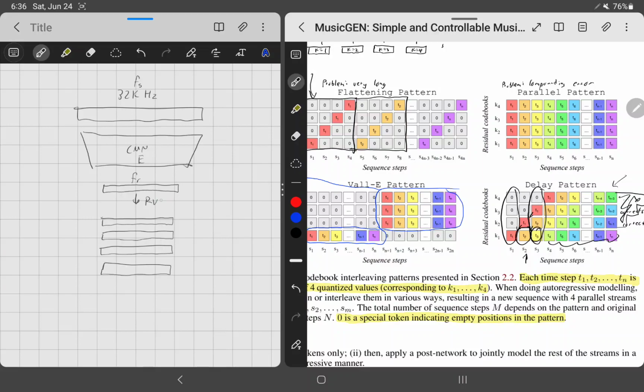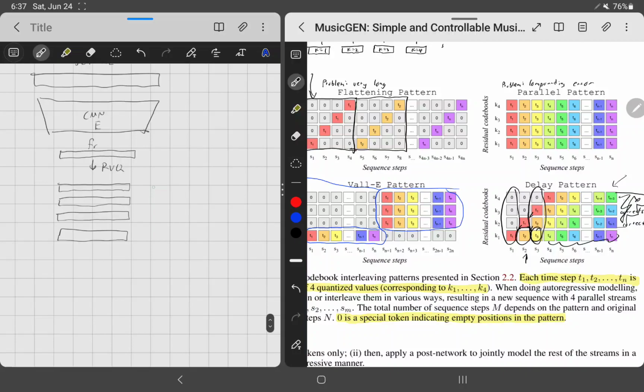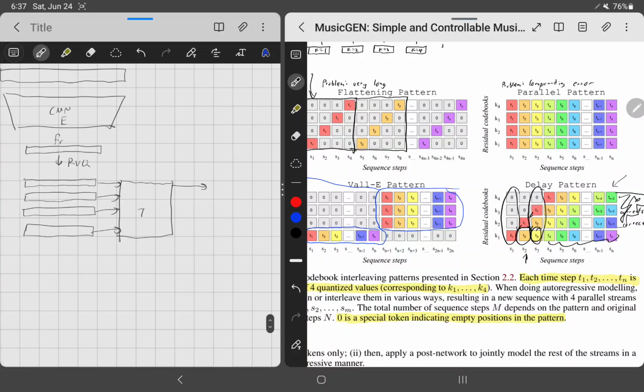This is residual vector quantization, and you do this for all the audio clips that you're training on. Then whenever you're doing generation, you model with the transformer, like a normal autoregressive transformer. Actually, sorry, I drew it wrong.